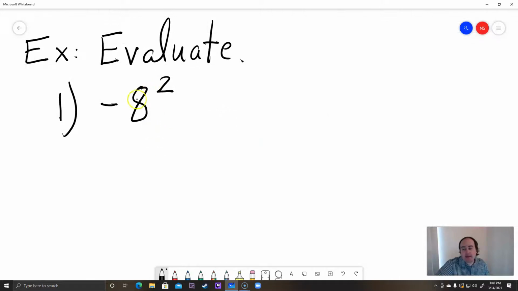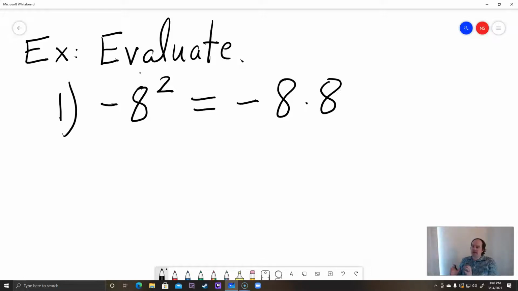So the thing about negative 8 to the second power is because there's not parentheses around the negative 8, it actually means that the 2 doesn't apply to the negative. Okay, so what this means is it actually means negative of 8 times 8. Okay, it does not mean negative 8 times negative 8.